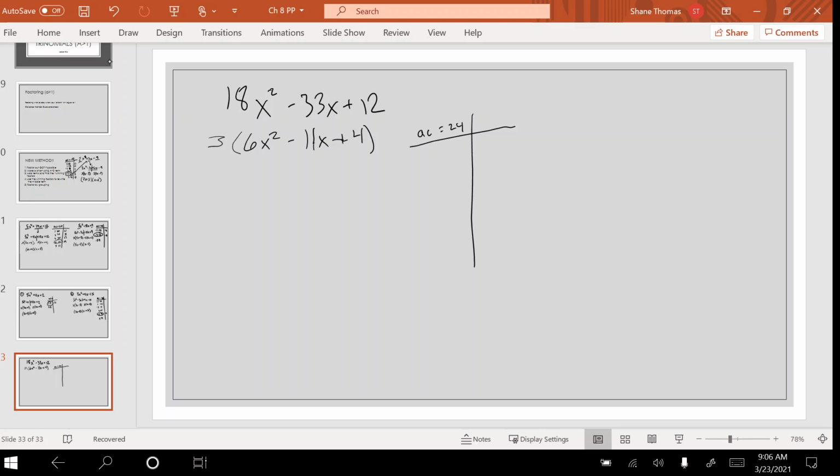So, 24, what's my factors? Yep. 1 and 24, 2 and 12, 3 and 8, 4 and 6. And like we said, everything's got to be negative in this case. Okay? 3 and 8 looks like a winner to me.